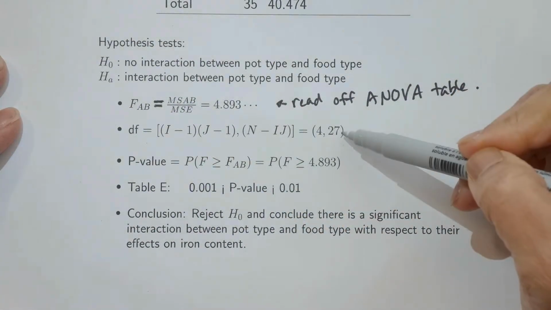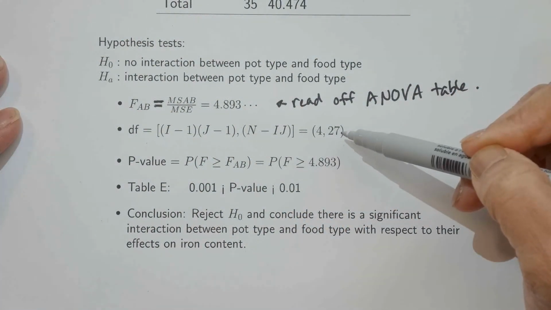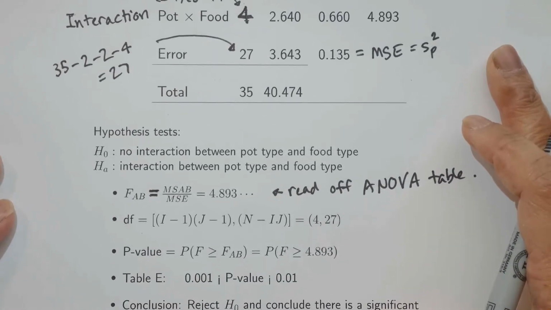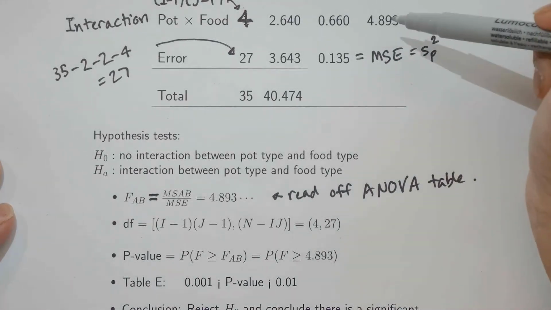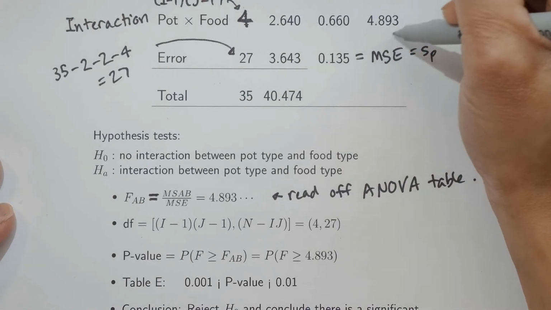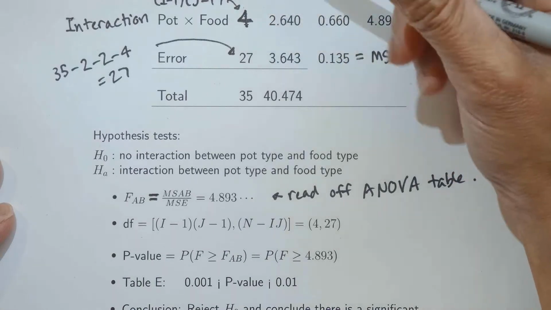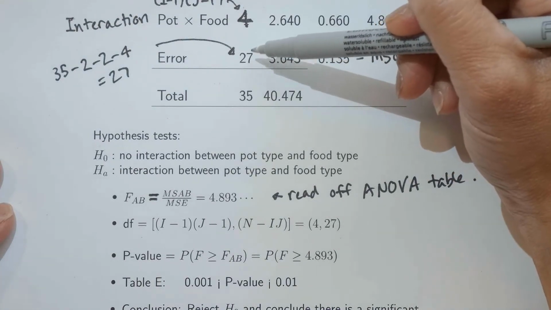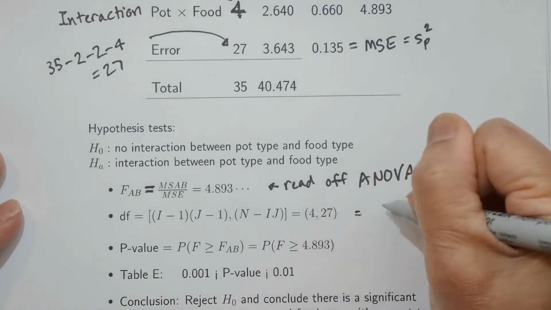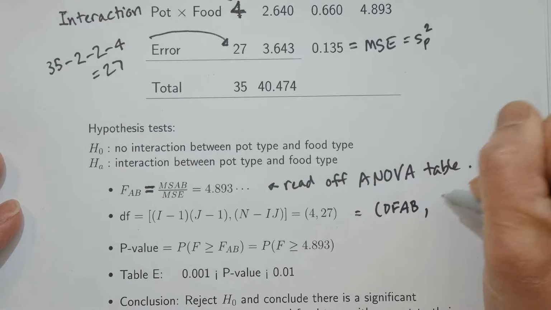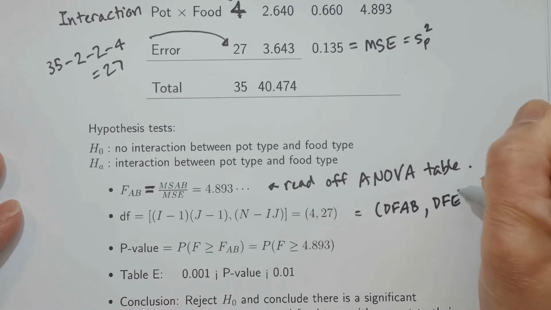The degrees of freedom is 4 and 27. We can also read that off of our ANOVA table. So there's our test statistic, 4.893, and we can see that it was based off of 4 and 27 degrees of freedom. So that's our degrees of freedom AB, degrees of freedom error.